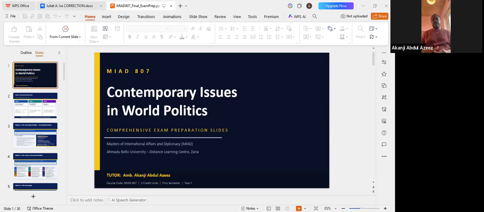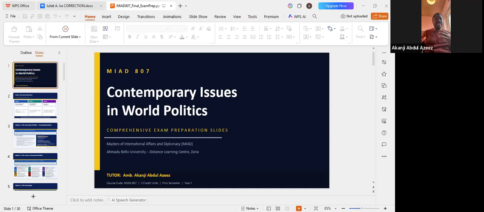Now, before you understand this course, we need to understand the concept of international politics. When we say international politics, we make reference to how countries interact with each other: the struggle for power in the international system, cooperation, conflict, war, peace, economic relations, and diplomacy.